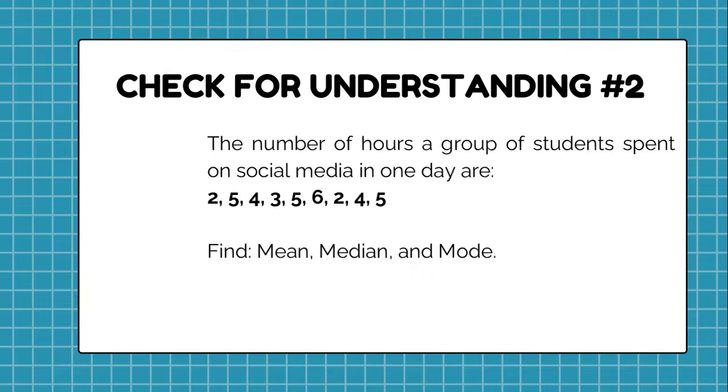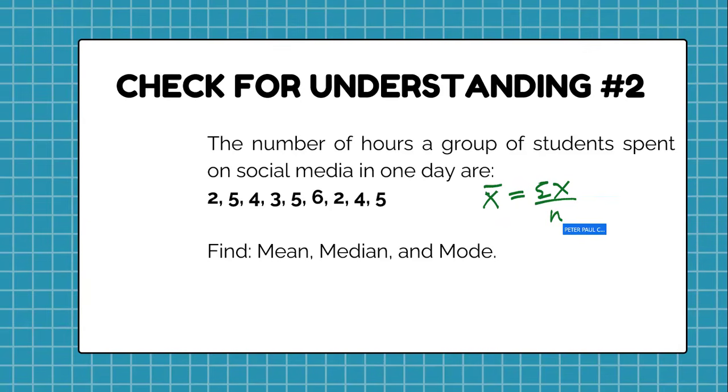Let's move now to checking for understanding number 2, talking about the daily allowance. The number of hours a group of students spend on social media in one day are given. We want to know the mean, the median, and the mode. To get the mean, x bar is equal to the summation of x over n.